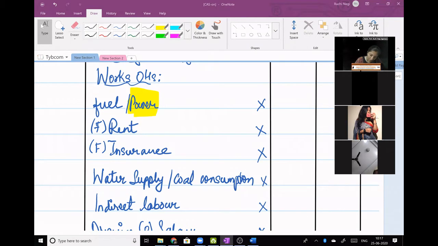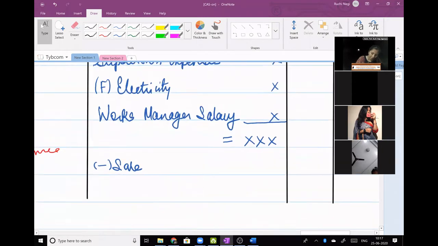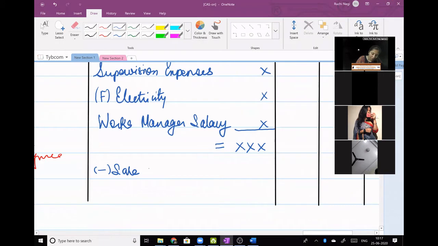Next. Sale of factory scrap. Manufacturing account credit side. Credit side items will be subtracted from here because we are doing cost accounting. We calculate cost, we don't calculate income or revenue. So we'll have to subtract this. So sale of factory scrap.